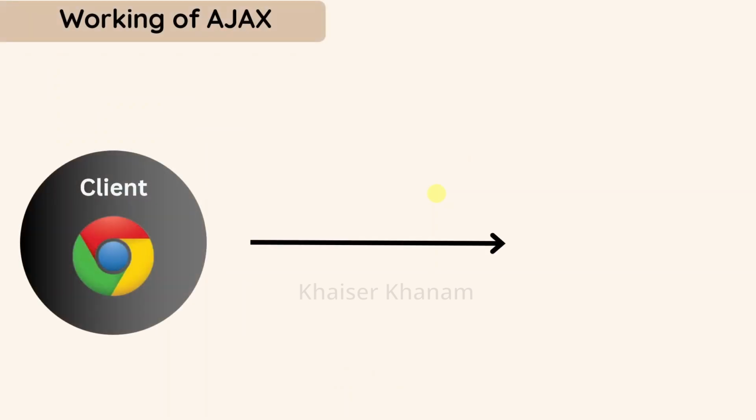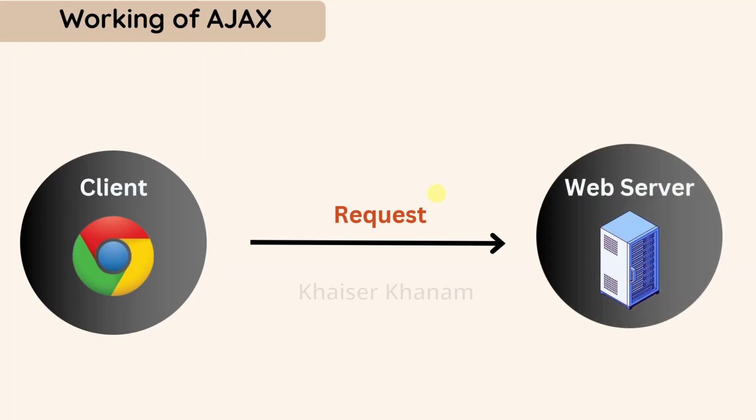This is my client, and I will be requesting some data from the server. This entire working we have already seen in the first lecture, that is client-server architecture. If you want to understand client-server architecture more deeply, you can watch that lecture, but this is the simple representation of how AJAX works.